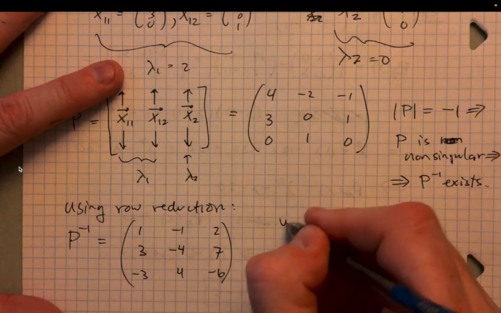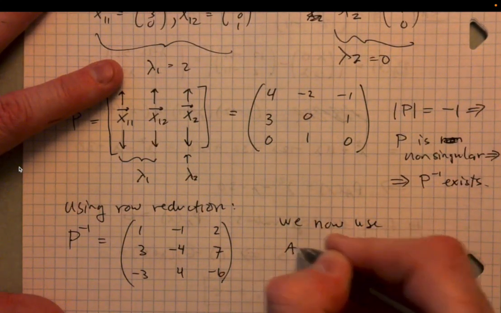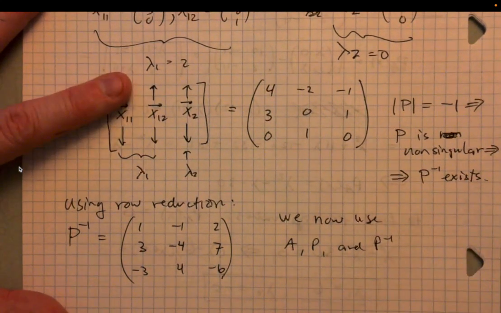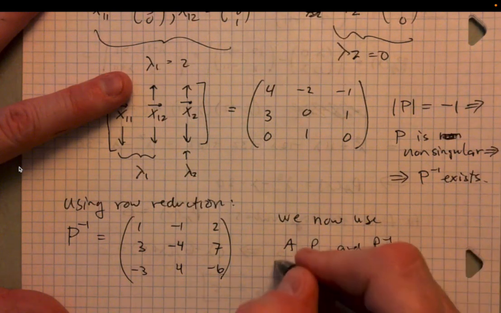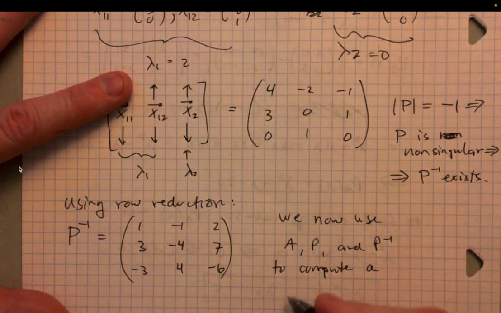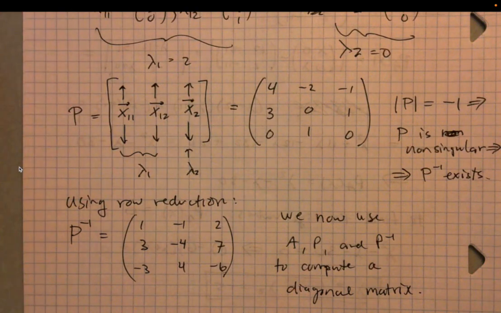Okay, so what we can do is now use A, P, and P inverse to compute a diagonal matrix. And that's what we're going to do.